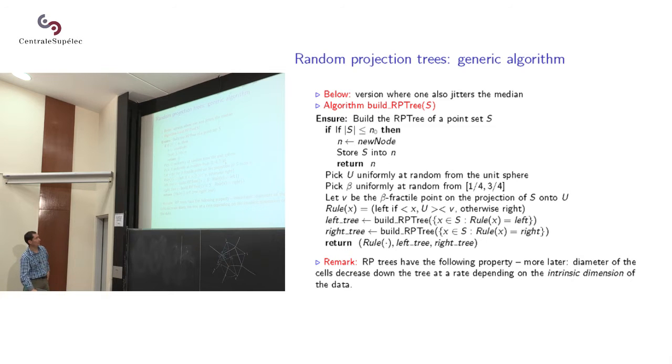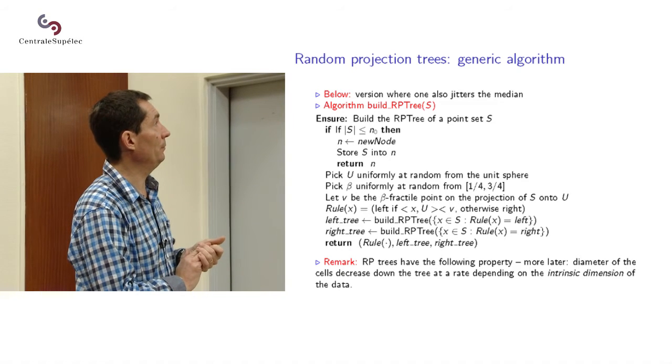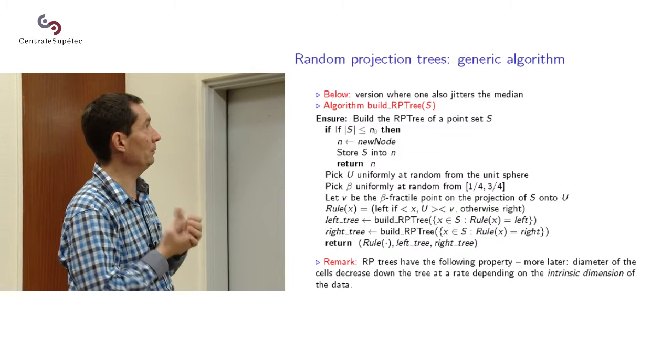And then you are going to define a rule. So you project your points on your random direction, right? And v is the beta fractile point of the projection of S onto this random direction.